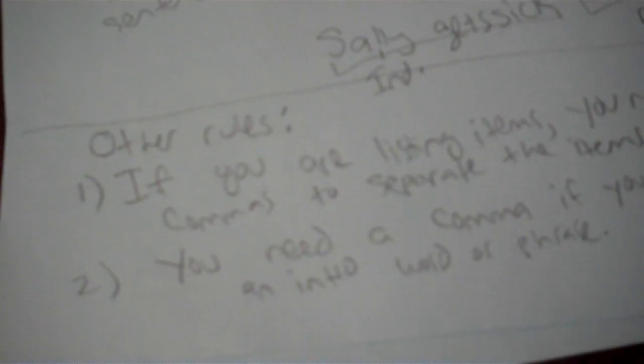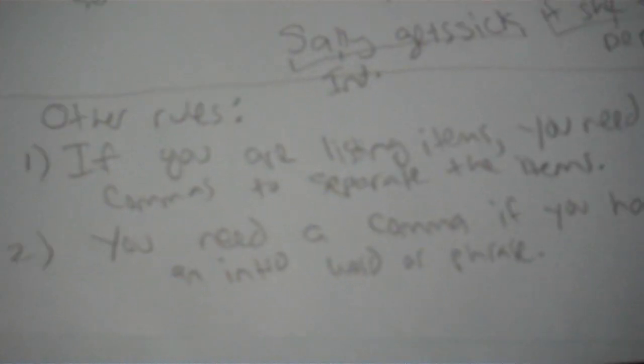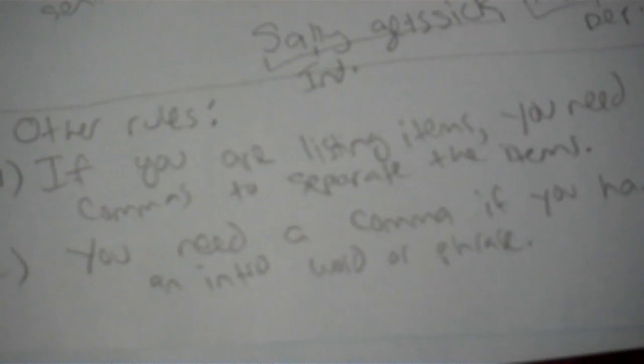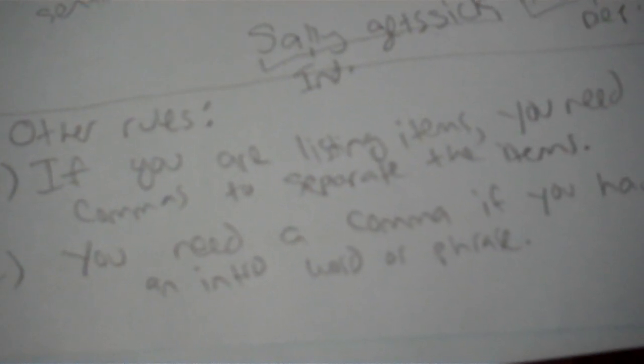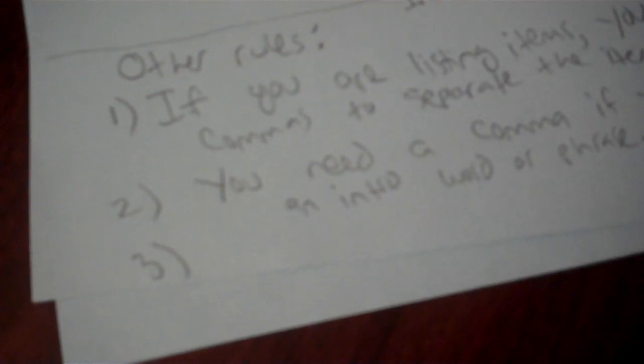B, this is something that you should have done over the summer. If you need more details on this, please refer back to your summer videos. But this is just a brief review of the rules. So if you're starting a sentence with an intro word or phrase, then you need a comma separating off that intro word or phrase. Number 3, you need a comma if you have a non-essential phrase.